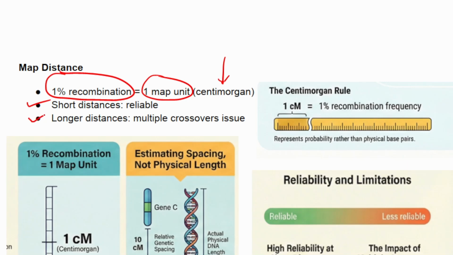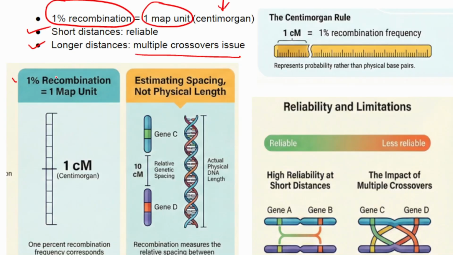Over longer distances, the situation changes because more than one crossover can happen between the same two genes. When that happens, some crossovers cancel each other's effects, making recombination appear lower than it really is. The takeaway? Map distance uses recombination frequency as a ruler. The diagrams just demonstrate that 1% recombination means one map unit.